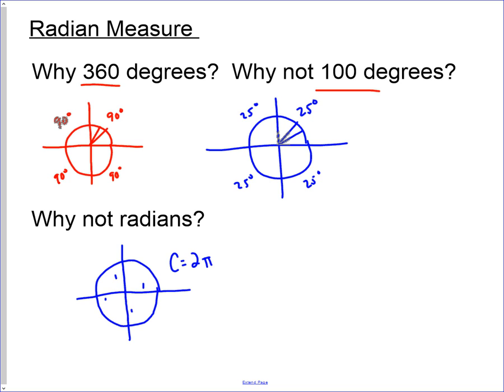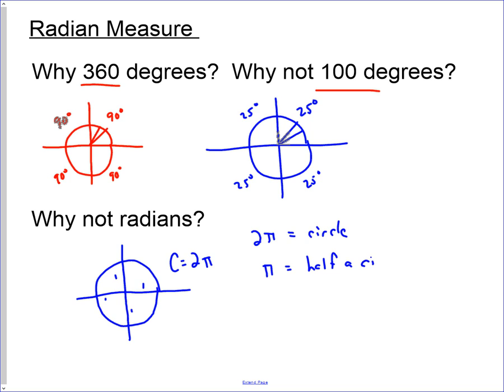And so instead of saying a circle is 360 degrees or a circle is 100 degrees, we say a circle is 2 pi radians. When you're talking about radians, we say 2 pi equals a circle. So pi equals half a circle.